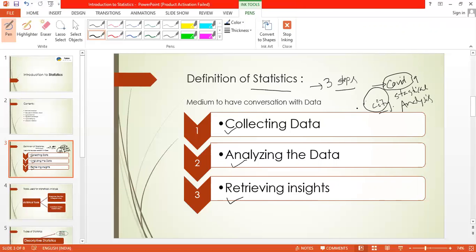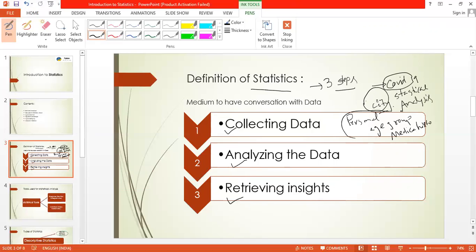Our first step will be to collect or gather some data with respect to that city. For COVID-19 analysis, let's say we want to collect some personal information, like age group or medical history of the people who are residing in that city.